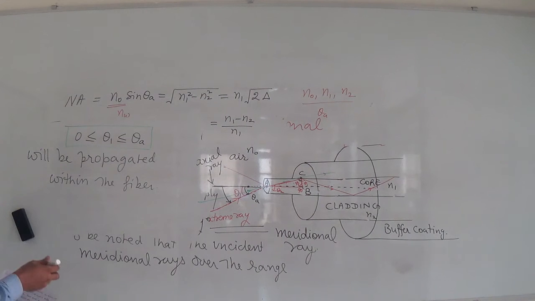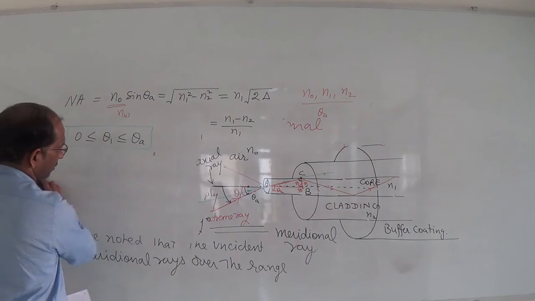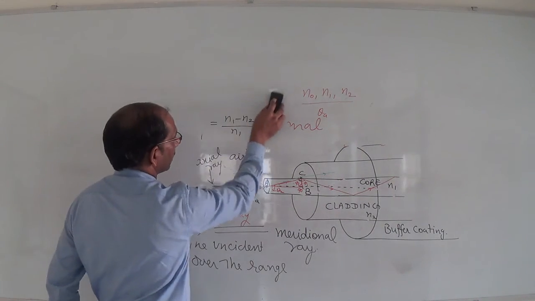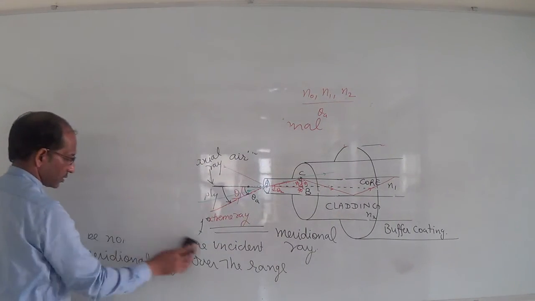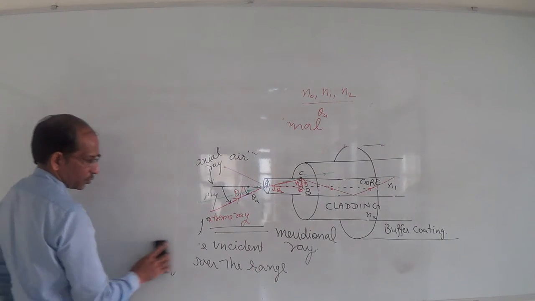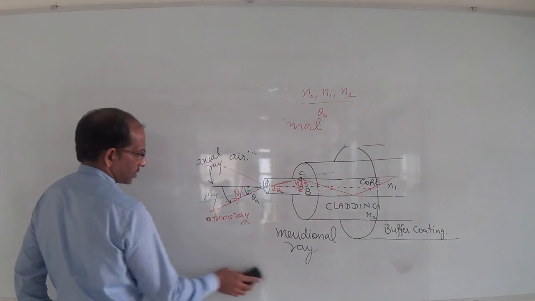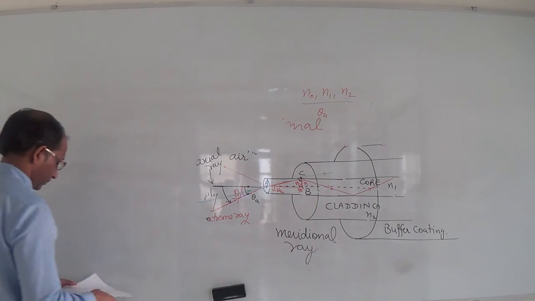So these are some basics about the numerical aperture, and we have discussed it in terms of the fractional refractive index and the core and cladding refractive indices.